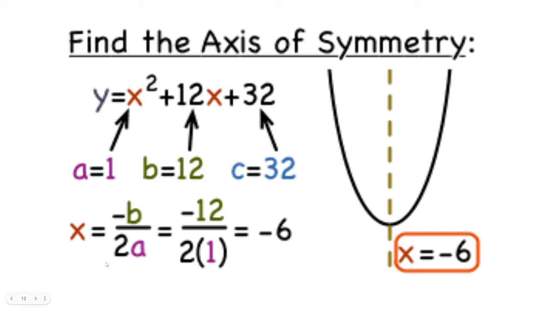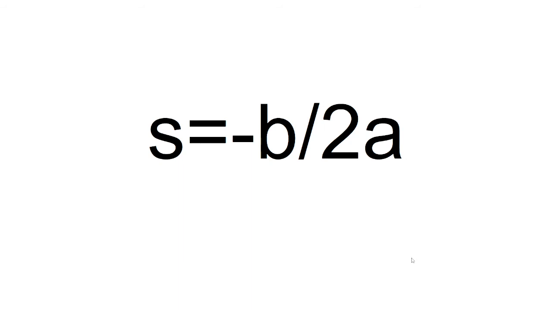With that being said, the axis of symmetry equation would be x equals negative b over 2a, which would equal negative 12 over 2, which would be -6, meaning the axis of symmetry in this equation would be -6. And here's just an example of what the equation would look like, if S meant symmetry.